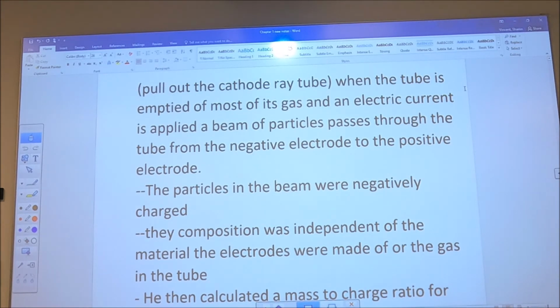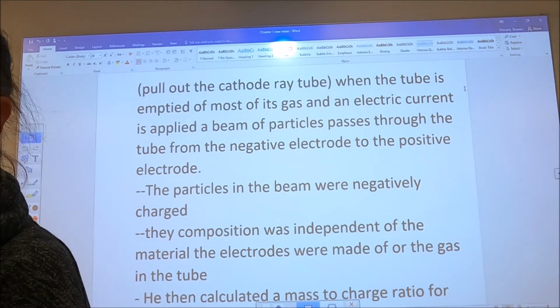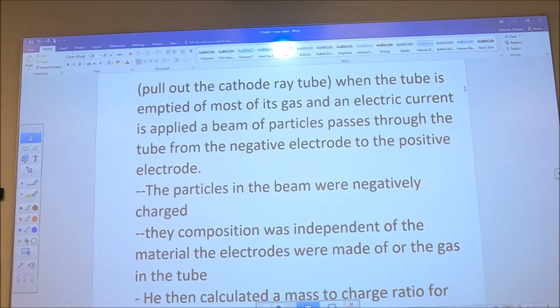Things are always much more fun if we got toys. Okay, guys, let me set up the toy here. Toy should not be on. Okay, we gotta adjust this. Okay, guys, I've got the cathode ray. Now let me show you what a cathode ray looks like.